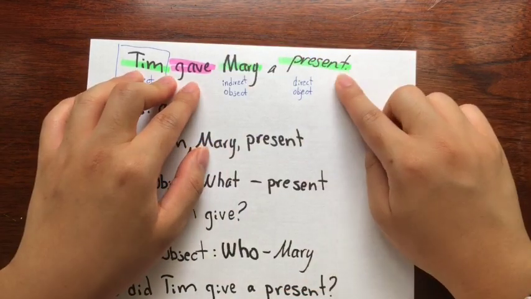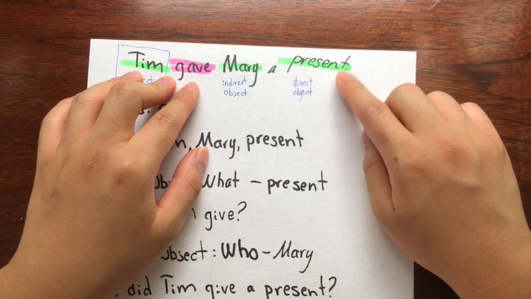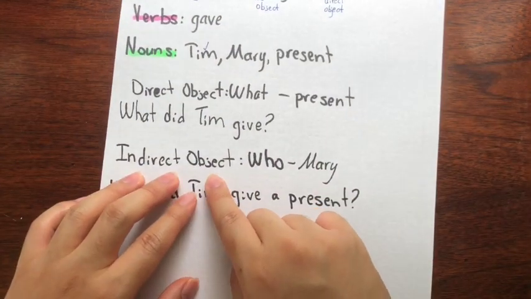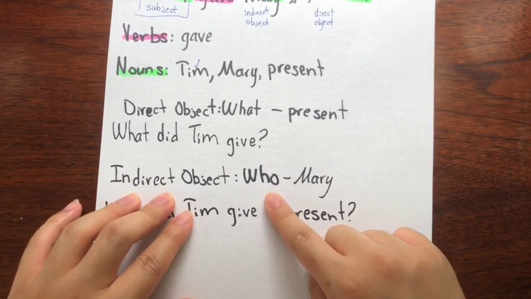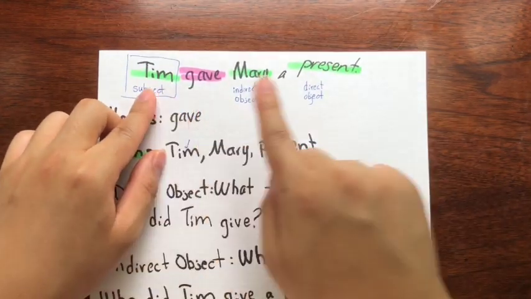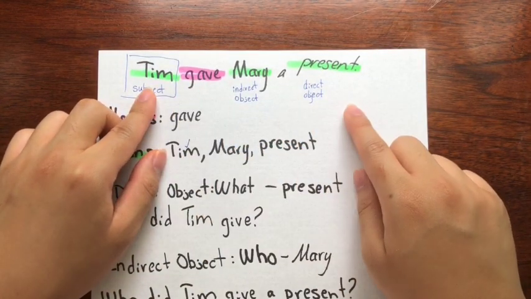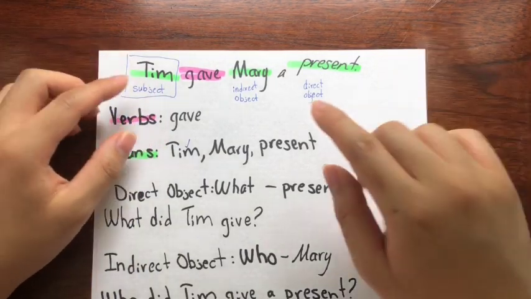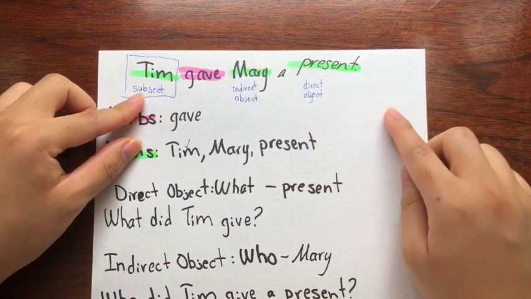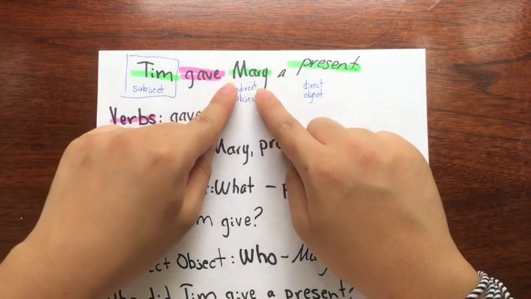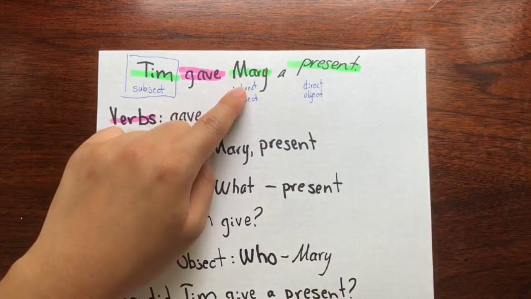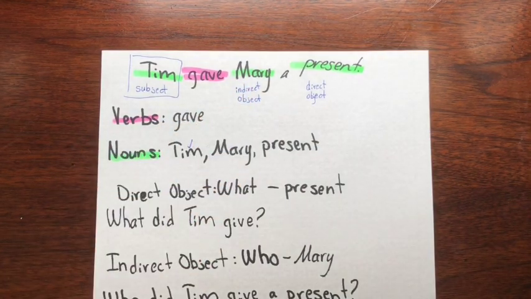Tim gave a present. The indirect object answers the who question. Tim gave a present. To whom? To Mary. Tim gave Mary a present. So the indirect object is Mary. Mary answers the who question.